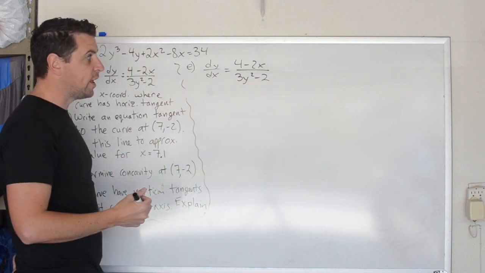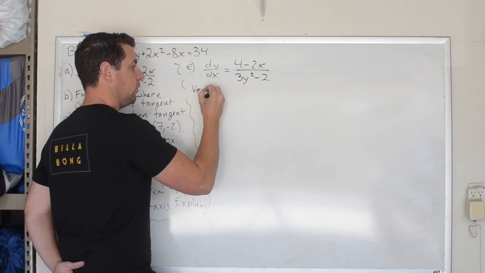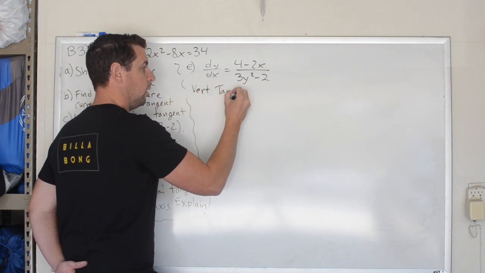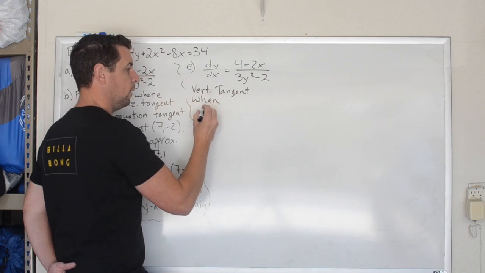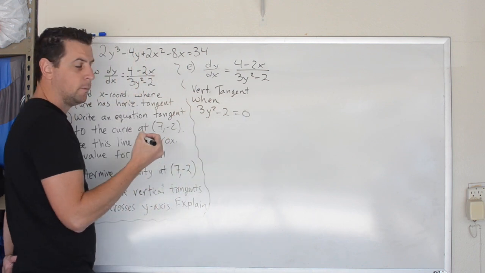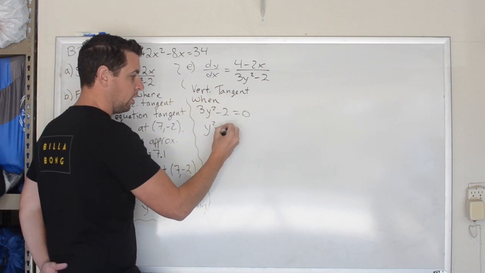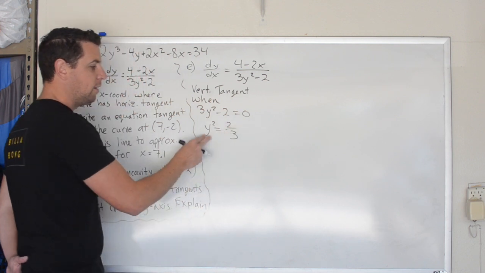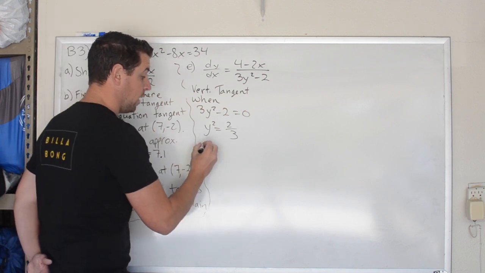So we have a vertical tangent when the denominator equals 0, when 3y squared minus 2 equals 0. And then we can add the 2 and divide by the 3, so I get y squared equals 2/3. And then we can square root this. Remember, when we square root, we get a plus or a minus in front of that.